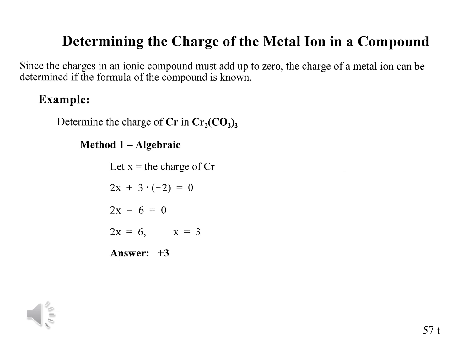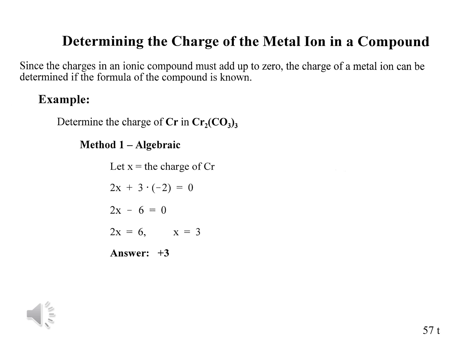And so you can do this algebraically, because you can make chromium equal to X, and then since there's 2 of them, that's 2X, and carbonate is a -2 ion, and there's 3 of those. And the whole thing has to add up to 0. So if you solve this for X, you find out that the chromium is actually the +3 ion.